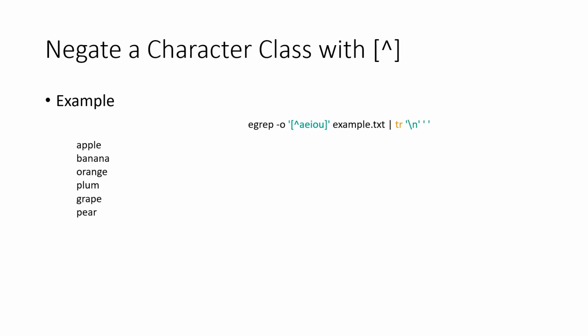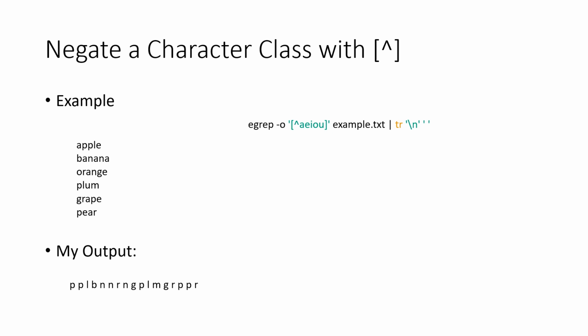Now what's going to happen is, because of the caret in front of A-E-I-O-U, it will remove all the vowels, and also that tr with the backslash n and then the space inside the single quote prevents it from being new lines and makes it so that it appears all on the same line. Good.